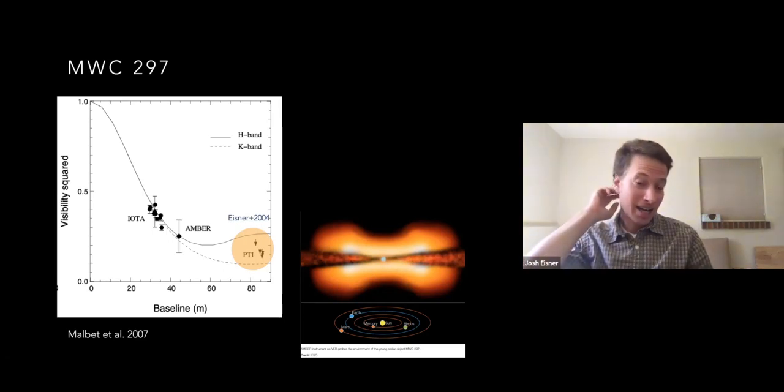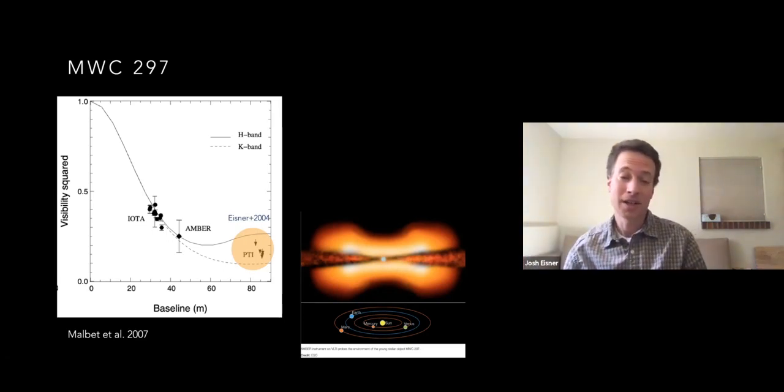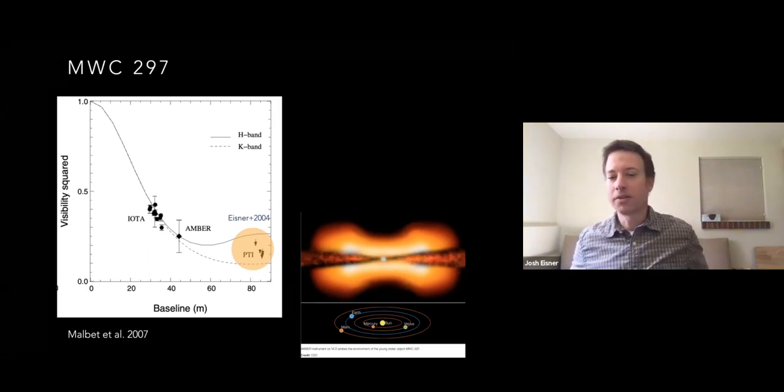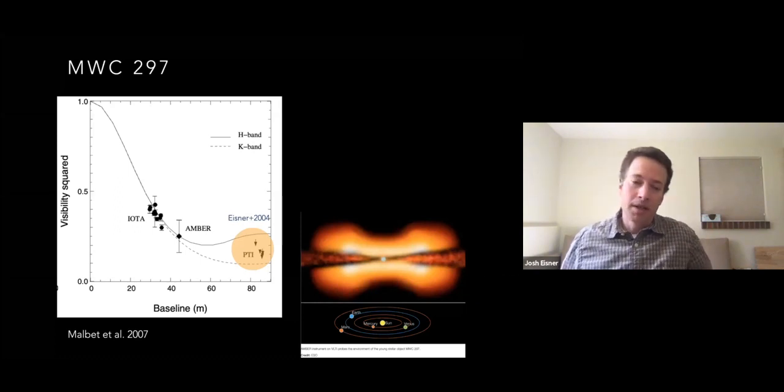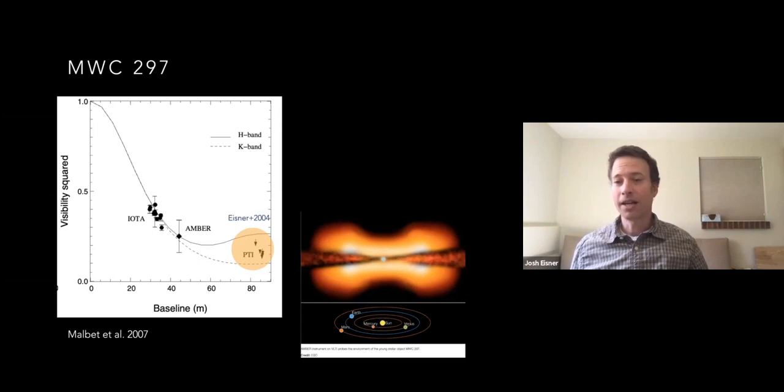So the V sin i tells you the rotational velocity of the star. If this was a nearly face-on star, that V sin i measurement would imply that the star would break up. It would be rotating so fast that it wouldn't be gravitationally bound. So basically we know that's not happening, right? The star is there, it hasn't flown apart, so it can't be face-on, and really you want it to be much closer to edge-on to make it not fly apart.